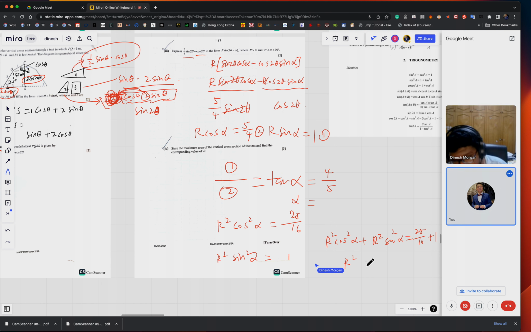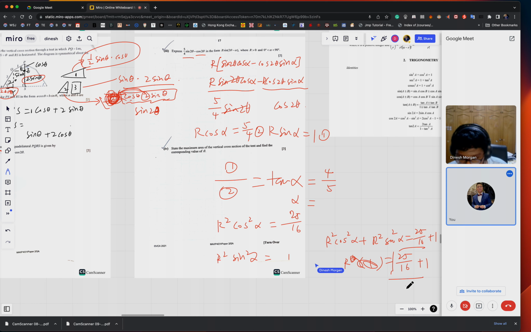So this will give you 1. So it's equal to this. You just square root, and of course you reject the negative value of this, because R cannot be negative.